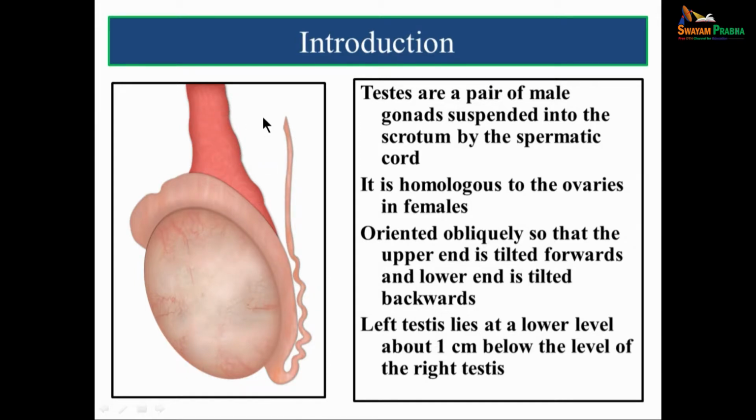It is homologous to the ovaries in females. It is oriented slightly obliquely, so that the upper end is tilted forwards and the lower end is tilted backwards. And if you also observe, the left testis usually lies at a lower level, about 1 centimeter below the level of the right testis.